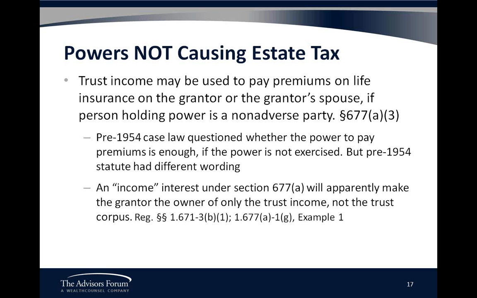But that statute had different wording than the 1954 statute. The way I read 677(a) is that as long as the power is in the trust, as long as the trustee has the power to take any income, whether you have income or not, and whether you own an insurance policy or not, that would make it a grantor trust.